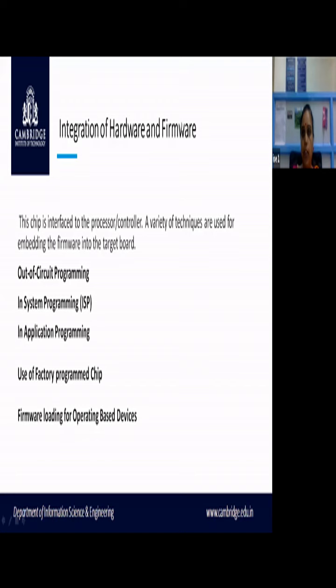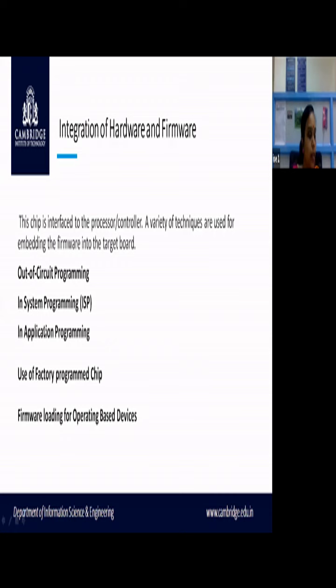So these are the five techniques which can be used for integrating your hardware and firmware. Whatever firmware you write on your system should be integrated to the hardware, the board or the target machine. These are the five important methods: out of circuit, in system programming or ISP, in application programming or IAP, use of factory programmed chip, and firmware loading for operating system based devices.